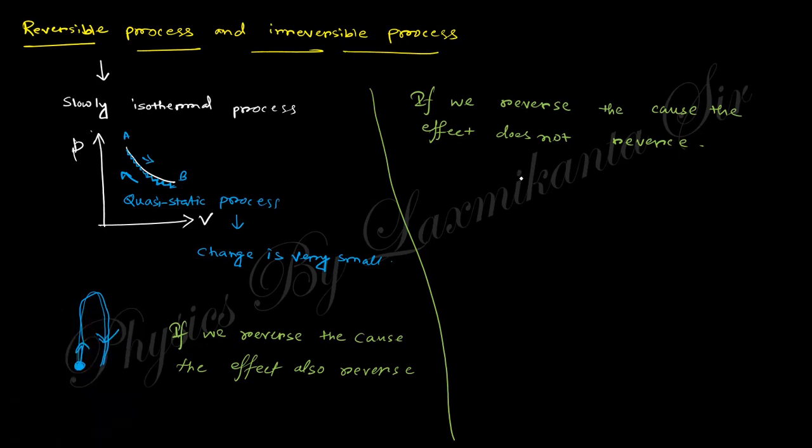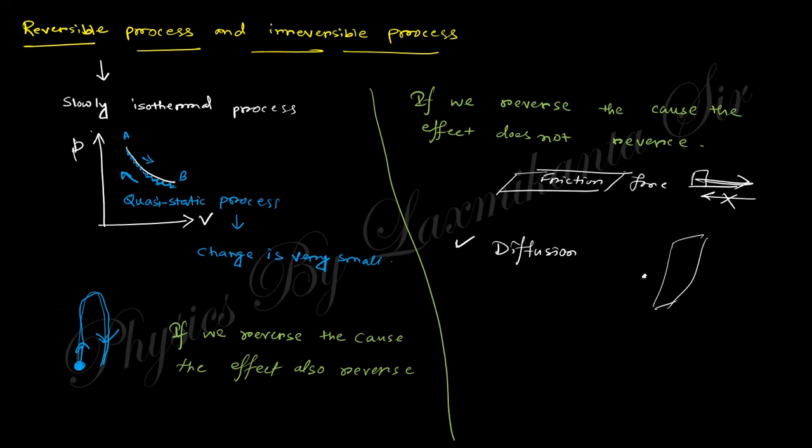For example, a non-conservative force, that is friction force. If you place this body, due to friction it cannot come back. That is a non-conservative force. Another example is diffusion. If material moves from one place to another, it cannot come back.